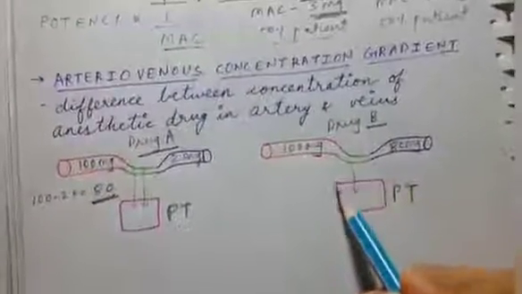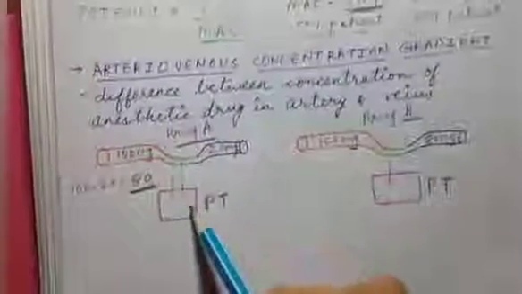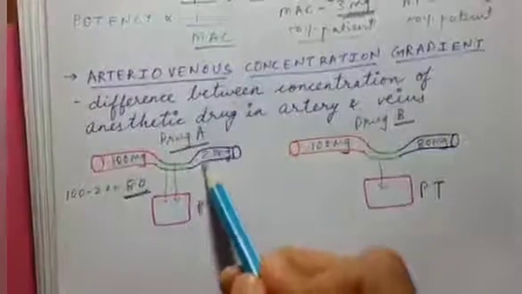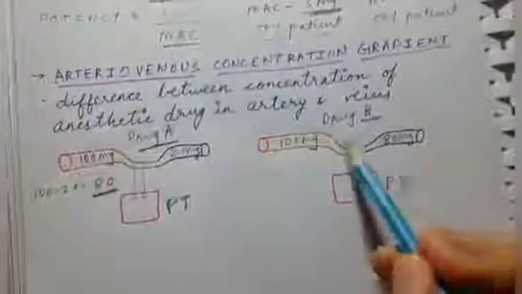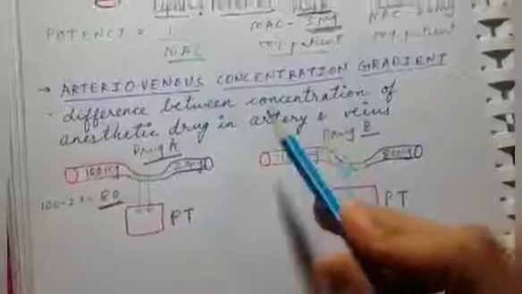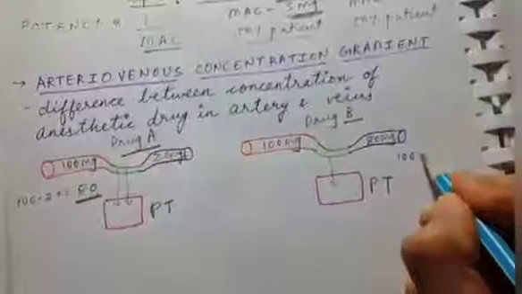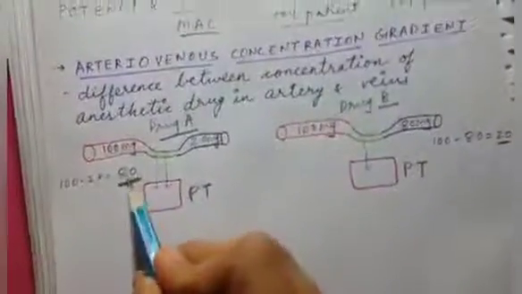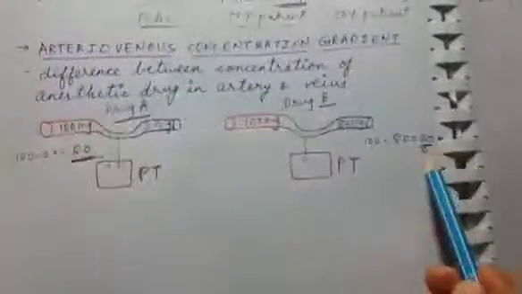It means that the peripheral tissue is not taking too much drug from the capillary. In the first case, the peripheral tissue was taking a lot of drug, that's why on the venous side its concentration was low. Here the concentration remains 80. So the arteriovenous concentration gradient here will be 100 minus 80 is equal to 20. So in drug A, the arteriovenous concentration gradient is high, while for drug B it is low.